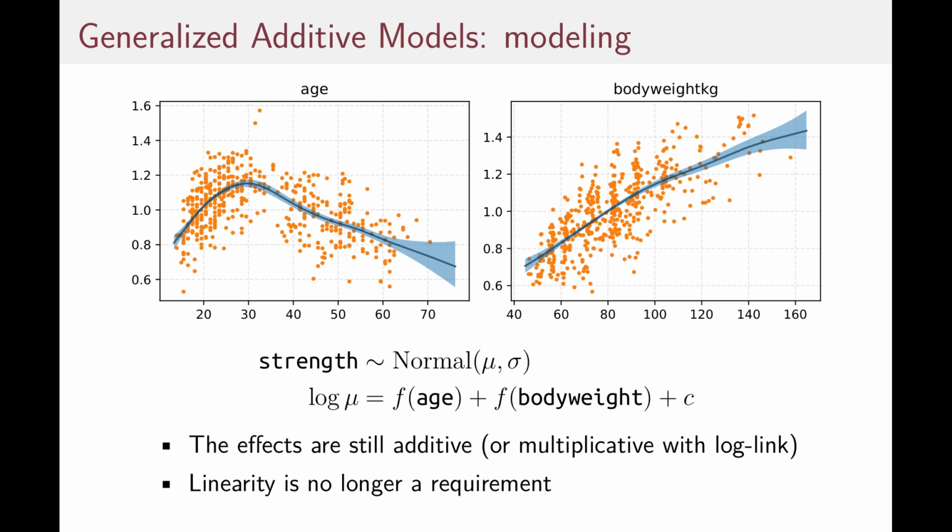And what that means for the y-axis is that the factors you see are multiplicative. So you start with 0.8, which means like 80% of the strength, and this is all relative, so you have to compare it to something. So here at around 30, it seems like lifters are the strongest, and then the effect is around 1.2.